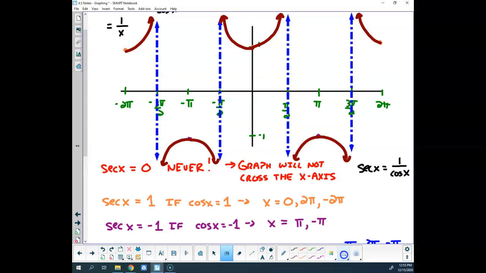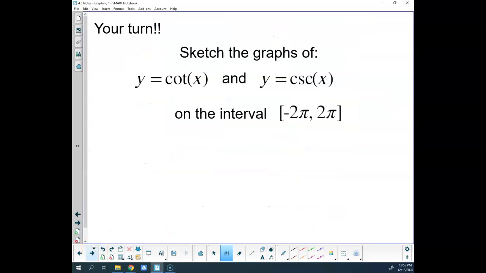What I would like you all to do now is graph cotangent and cosecant using the same methods. Okay? Same interval, all on the interval negative 2 pi to positive 2 pi.